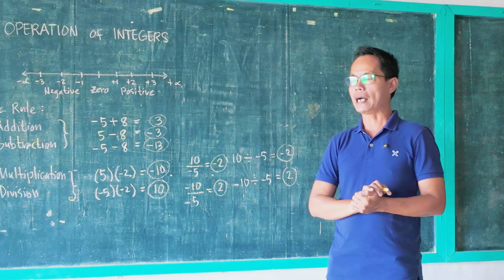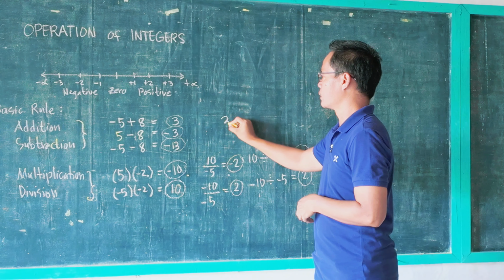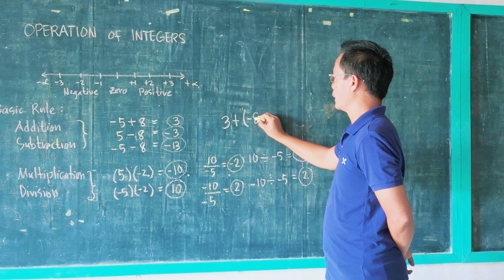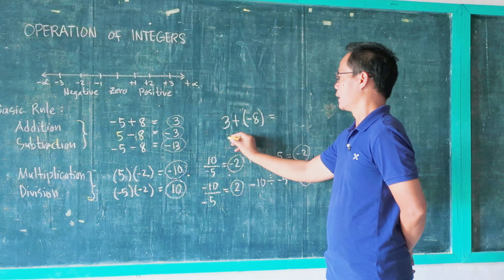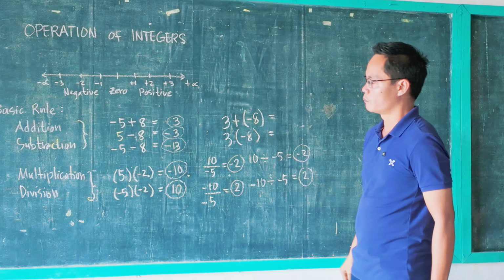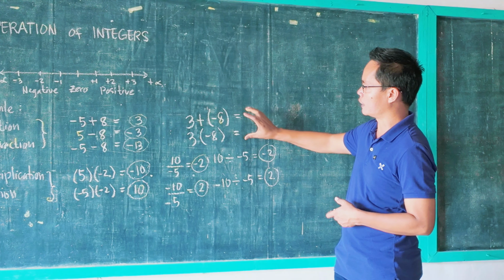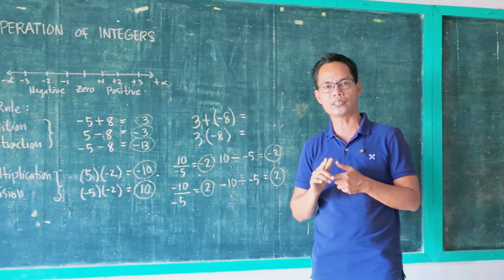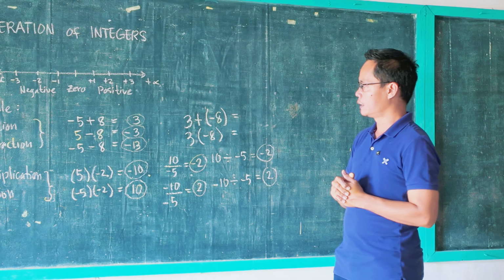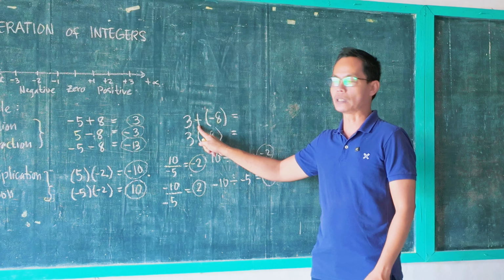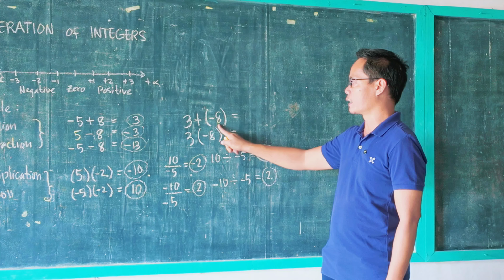Ngayon, paano kapag ang itsura ng given ay ganito? 3 plus negative 8, and the other one is 3 and negative 8. Maraming nalilito dito sa given na ito kasi if you see these two given here, it's like a very similar given. But hindi mo masyado napapansin na meron siyang operation sign within the number 3 and the negative 8.